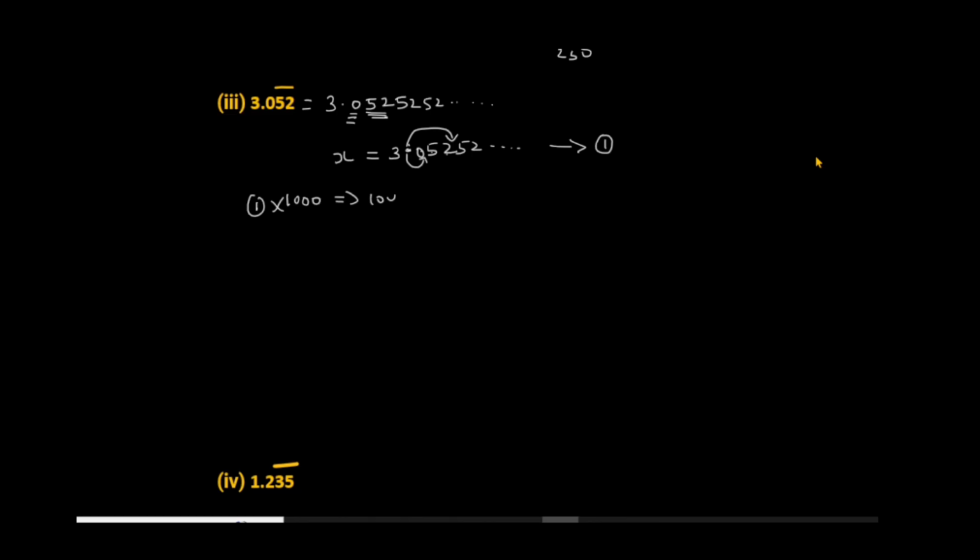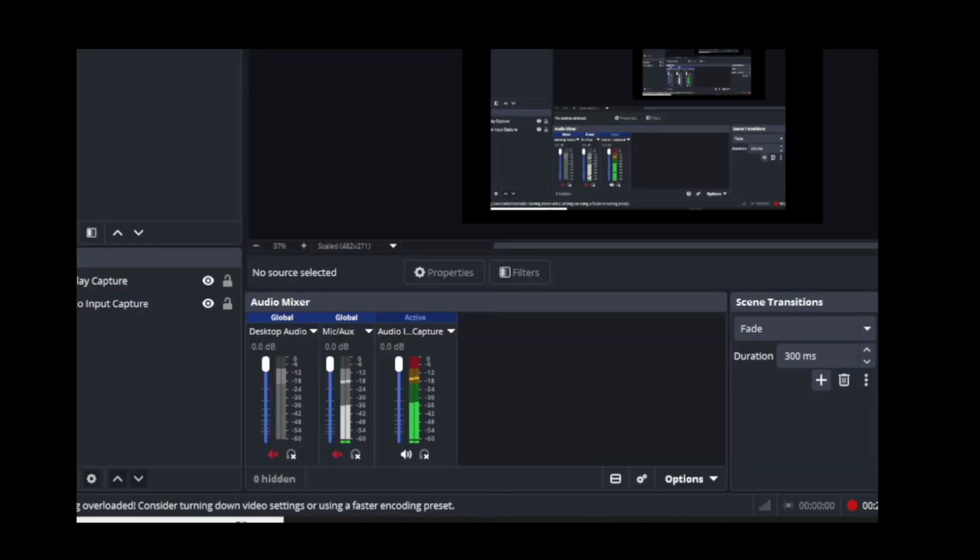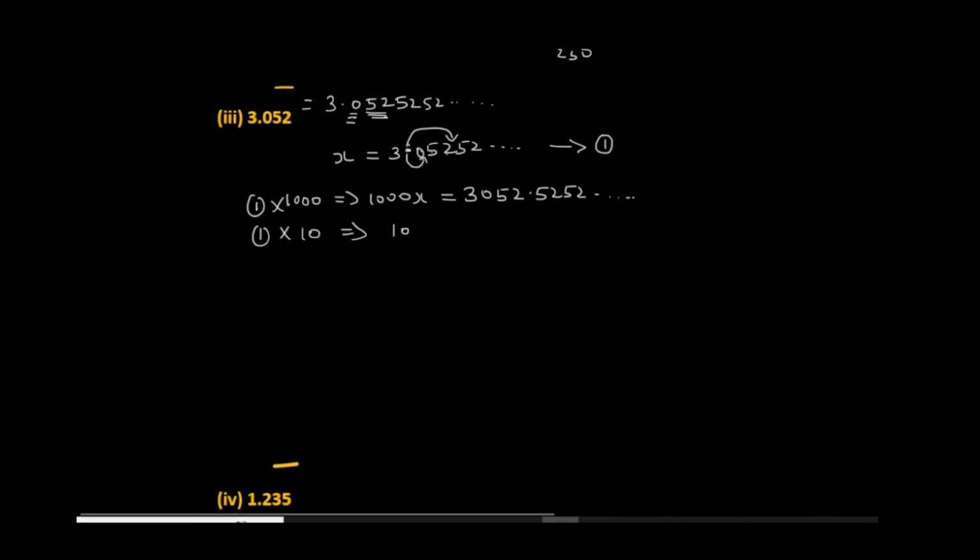It will give 1000x is equal to 3052.5252 etc. The same first equation multiplied with 10 moves one digit to the right, so 10x is equal to 30.5252 etc.